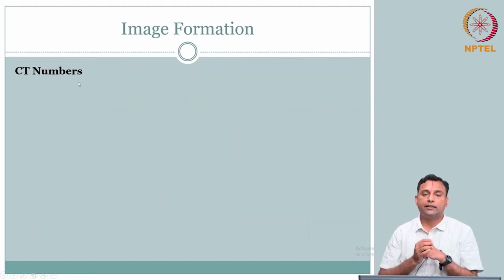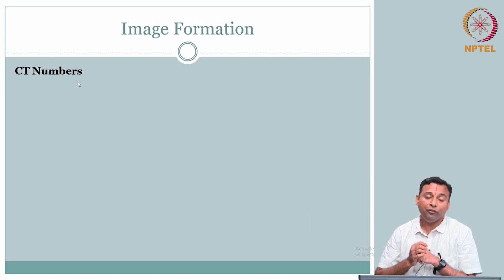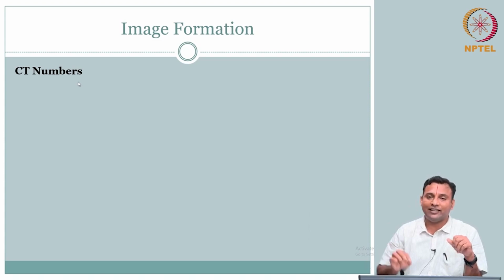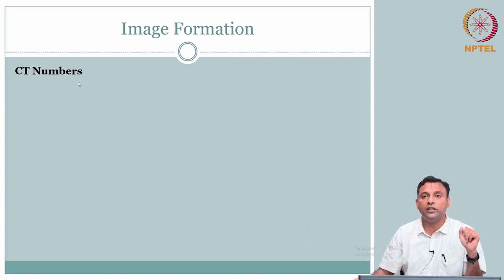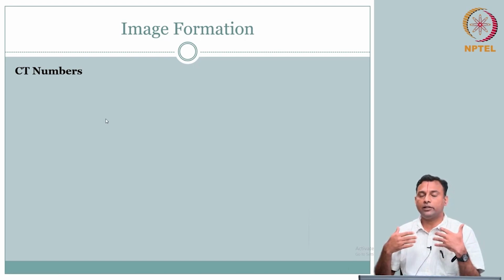we convert this mu into what we call CT numbers. If you had a chance to look at your CT text, you would have seen the units. They call it the CT number, and they also call it Hounsfield units. So what do they do? Essentially, what are the tissues of interest to you?